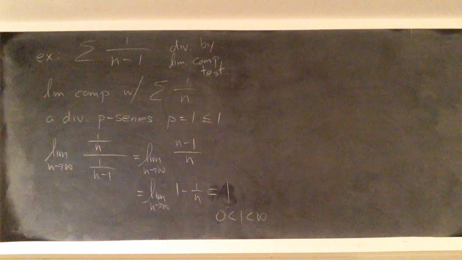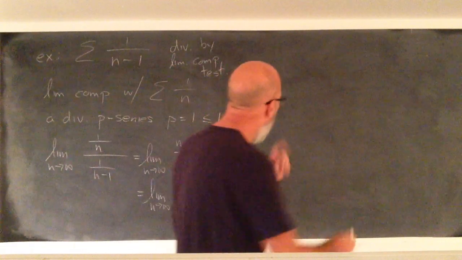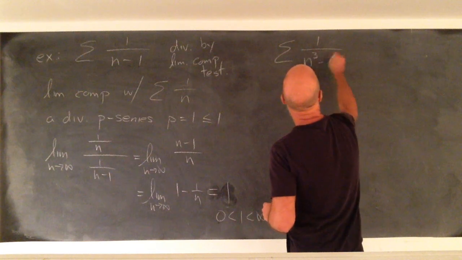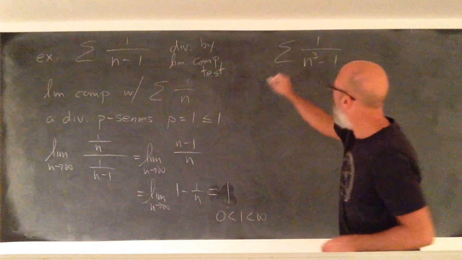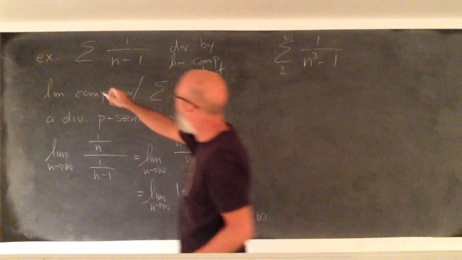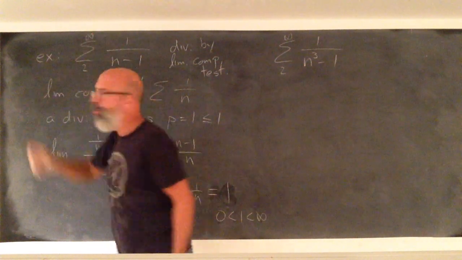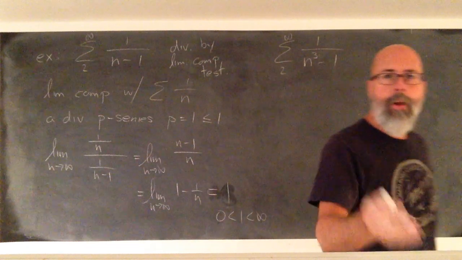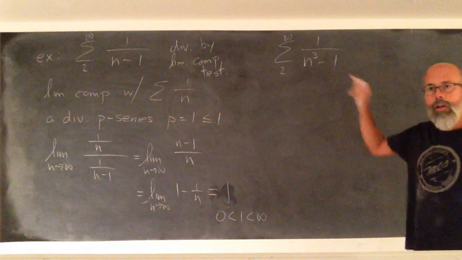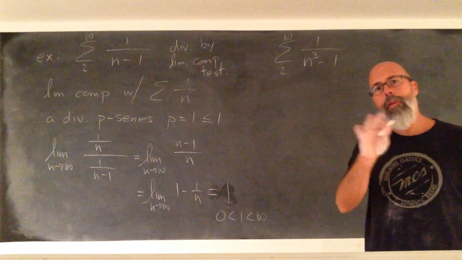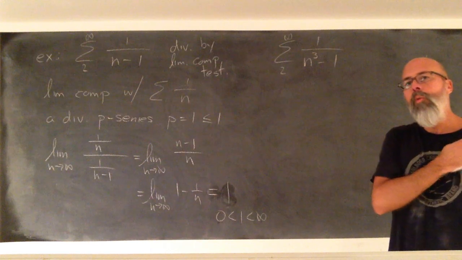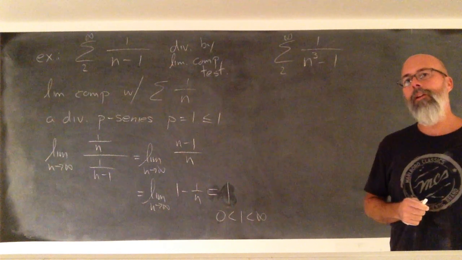Let's look at the third example we had done, where both of these were easy enough to treat using comparison test or limit comparison test. But here, in the comparison test, the inequality was tricky to come up with.